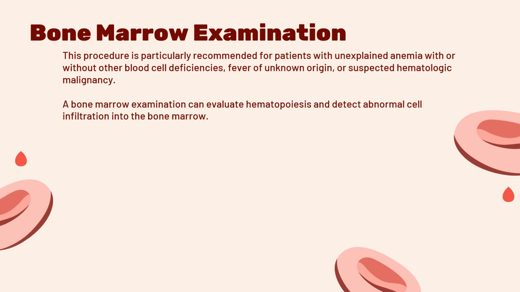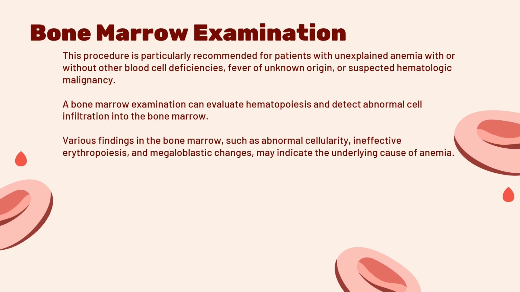A bone marrow examination can evaluate hematopoiesis and detect abnormal cell infiltration into the bone marrow. Various findings in the bone marrow, such as abnormal cellularity, ineffective erythropoiesis, and megaloblastic changes, may indicate the underlying cause of anemia.